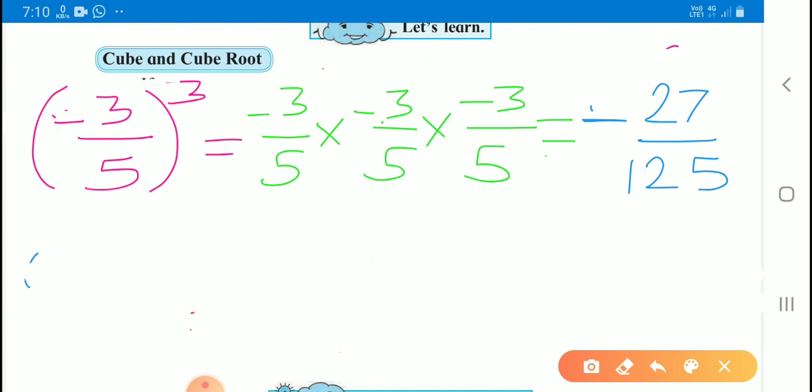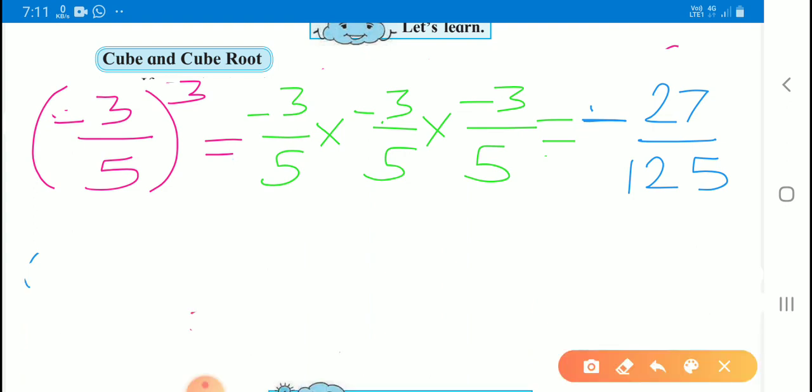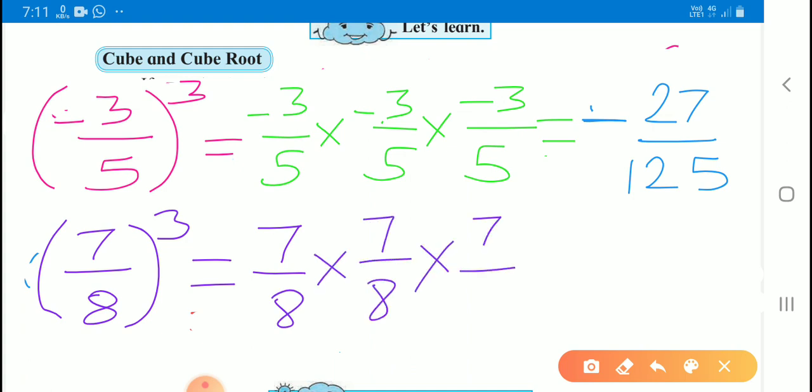Okay, one more example we will see of fraction. I will write the number 7 upon 8 bracket cube. Here 7 upon 8 multiplied by 7 upon 8 multiplied by 7 upon 8.